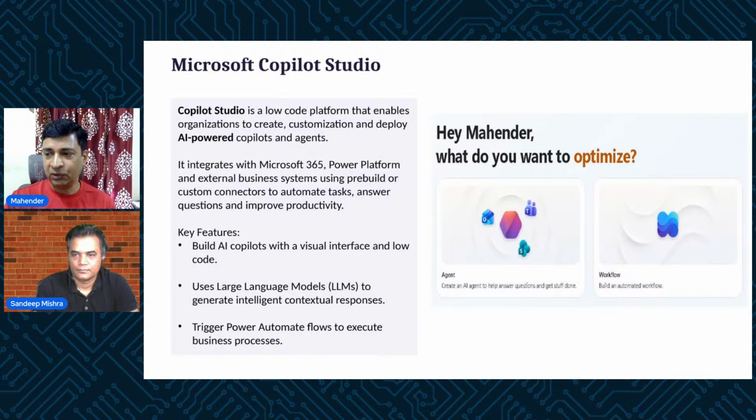And there is another new thing here, which is workflow, where we can also create automated workflows in Copilot Studio. But today we are going to use the agent one. So our topic today is the agent, and how we are going to build that agent. That's the agenda for today.